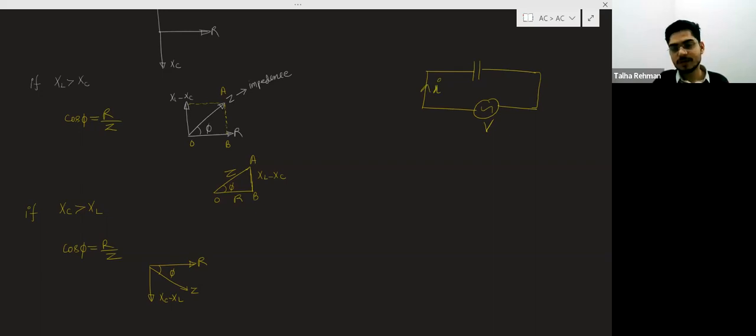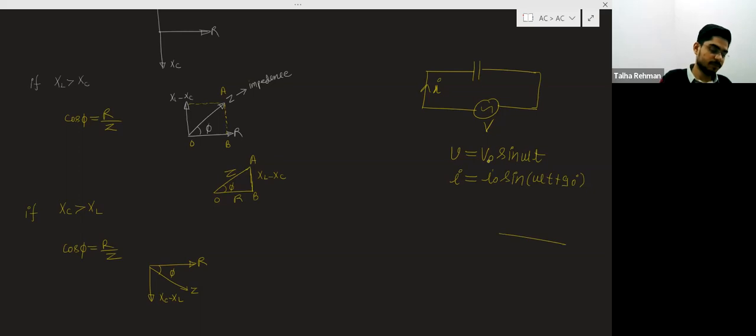I have told you the equation of the voltage, V is equal to V naught sine omega t. From this equation of the voltage, we get the equation of the current, I is equal to I naught sine omega t plus 90 degree. So according to the equation, when you draw the phasor diagram, your voltage is in this direction.